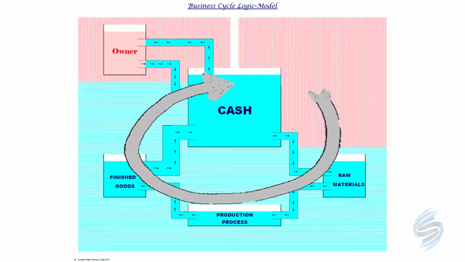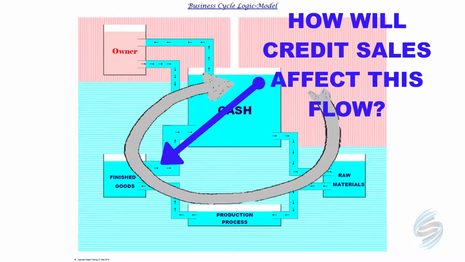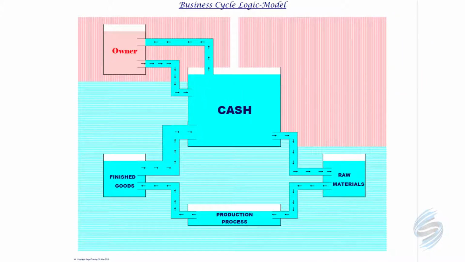But how does this rule get affected when we introduce credit sales? How will the model be changed to accommodate this change? In the simple cash business, the goods were sold out of this finished goods reservoir and they flowed into the cash reservoir. Now remember what I said to you. This applies the same when you're doing a service or you're selling physical goods.